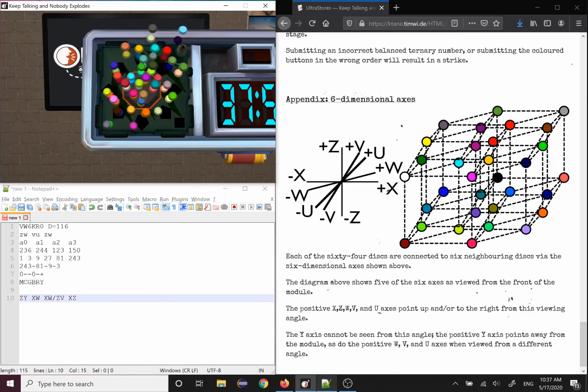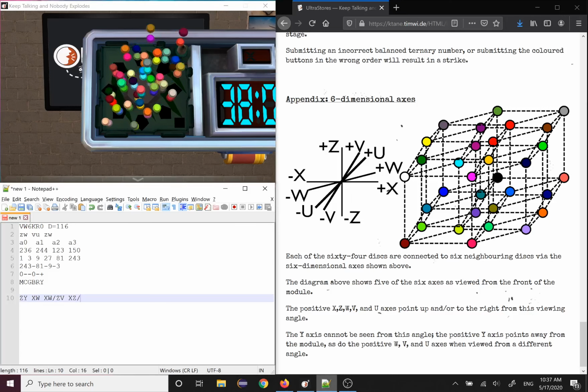So we see that the purple, which was positive w of the yellow dot, became negative v of the yellow dot. Therefore, we know that this is a plus w minus v, which is going to be a vw rotation.